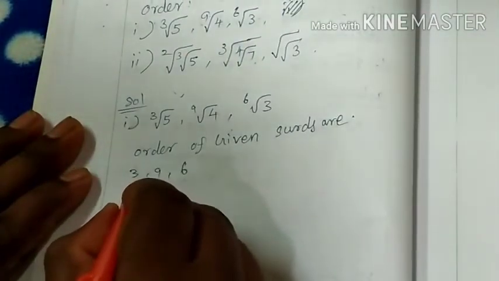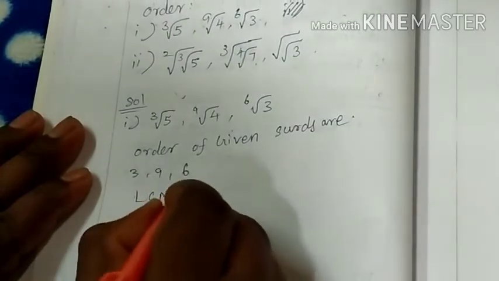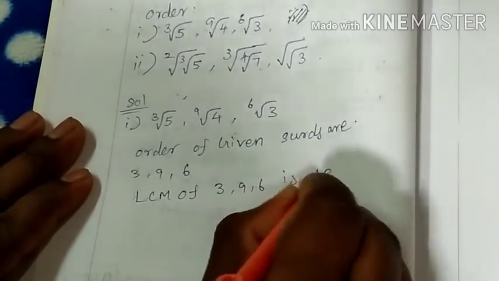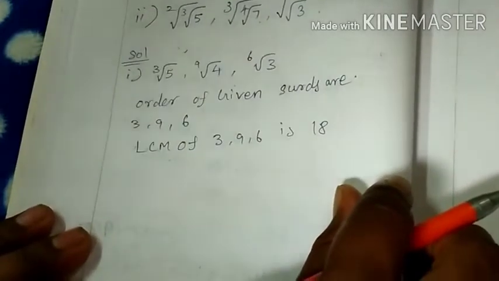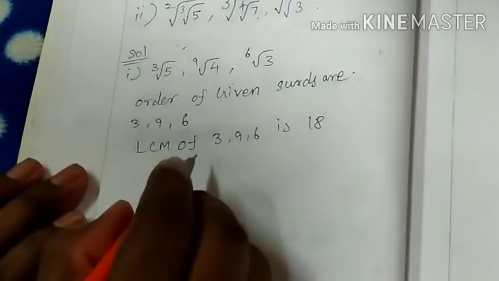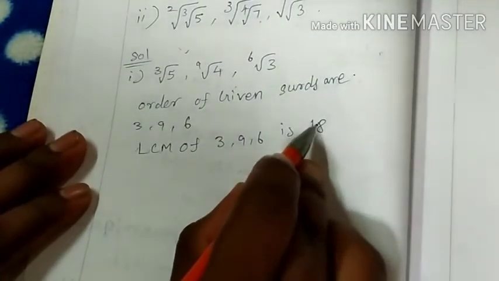First step, find the LCM of the order. LCM of 3, 9, 6 is 18. You already know how to find the LCM. So all the powers are converted into 18.